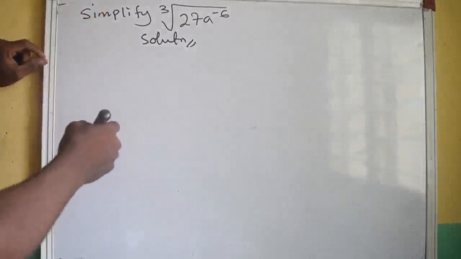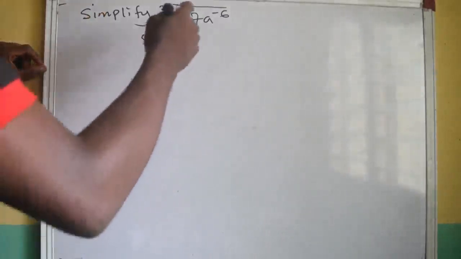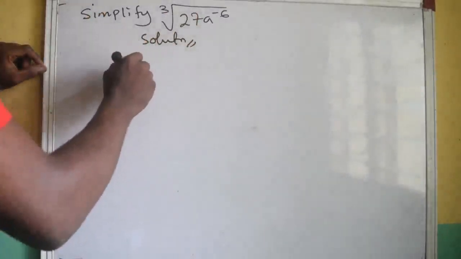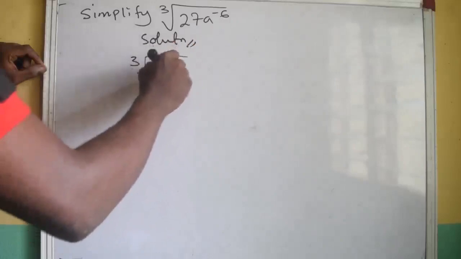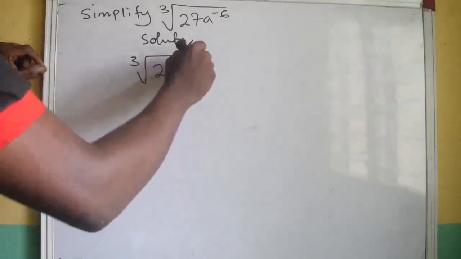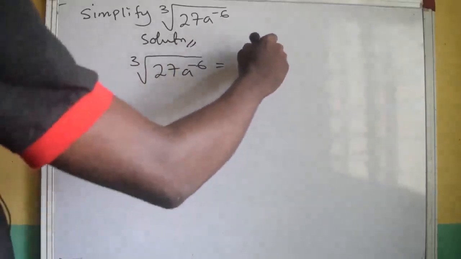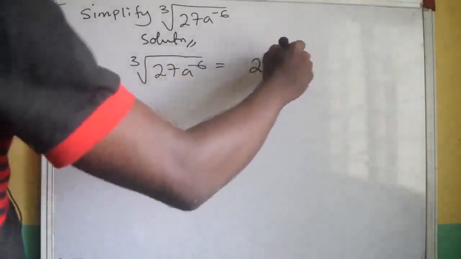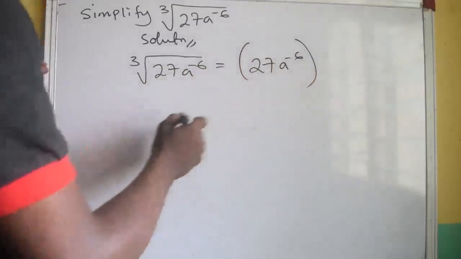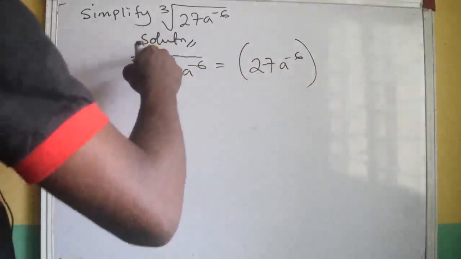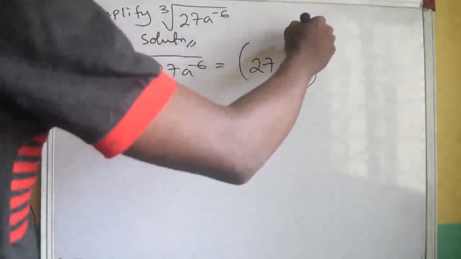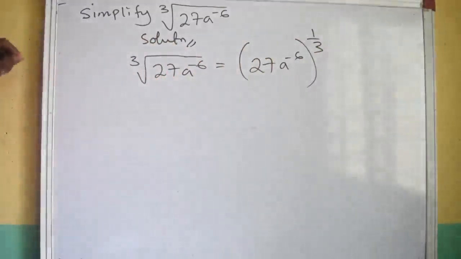So this becomes that cube root of 27a raised to power -6 will be the same as writing 27a raised to power -6, because this cube root covers everything inside it, all raised to power 1/3.